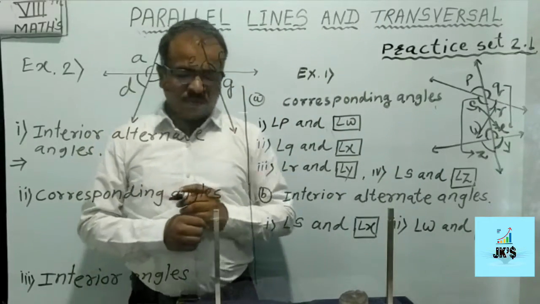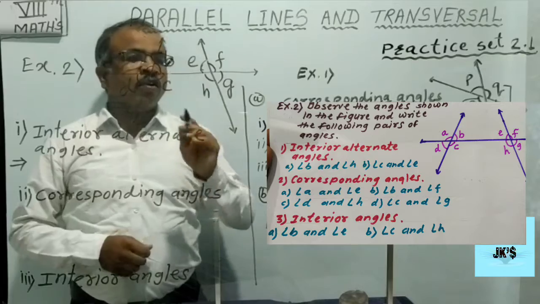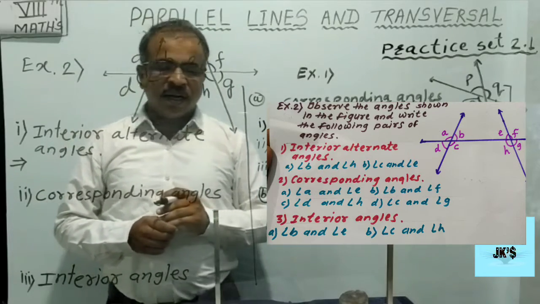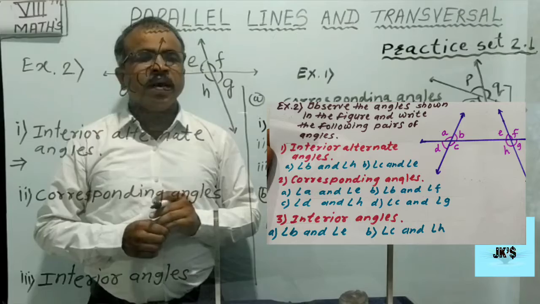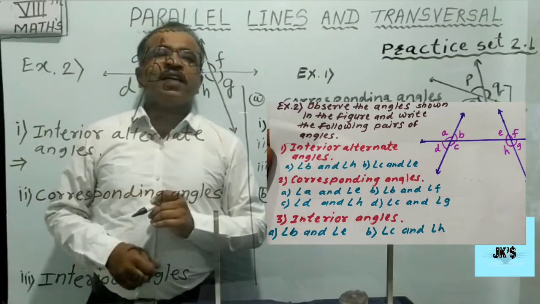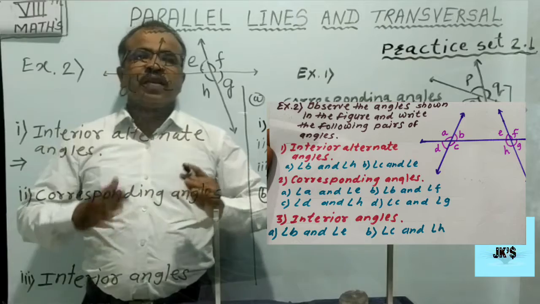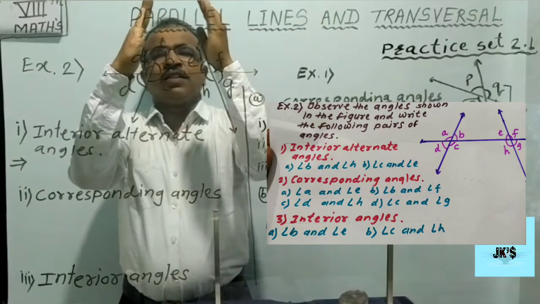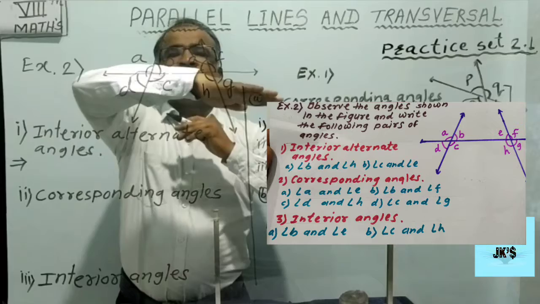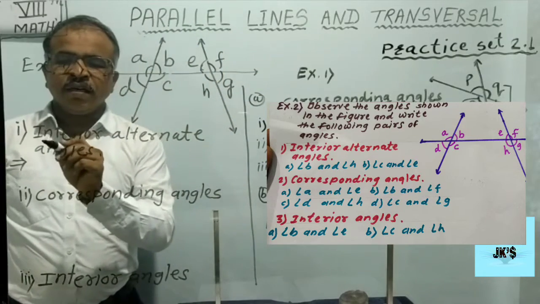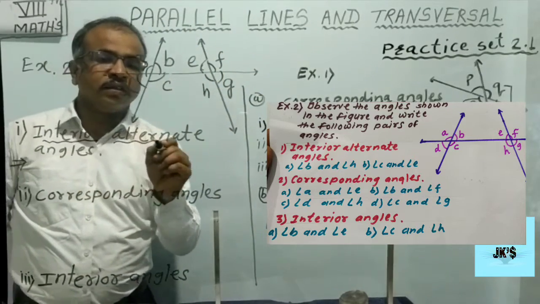Now, question number 2. Observe the angles shown in the figure and write the following pairs of angles. The first pair is interior alternate angles. Here, this is one line and this is another, and this is the transversal. So, interior alternate angles.